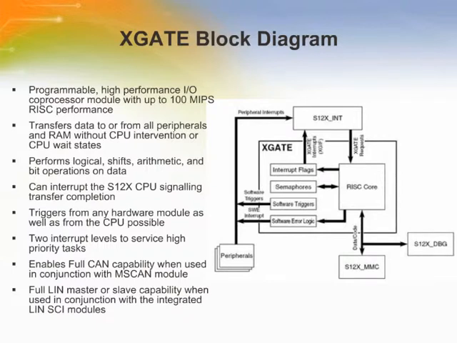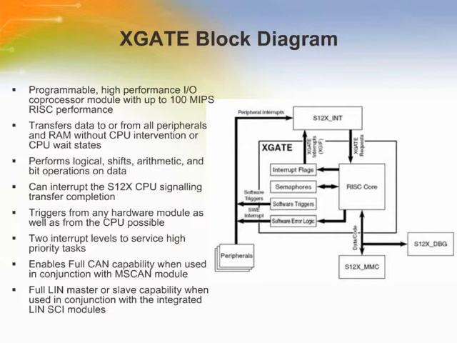The XGATE module is a peripheral coprocessor that allows autonomous data transfers between the microcontroller's peripherals and internal memories. It has a built-in RISC core that is able to pre-process the transferred data and perform complex communications protocols.